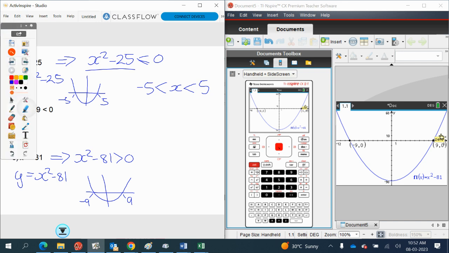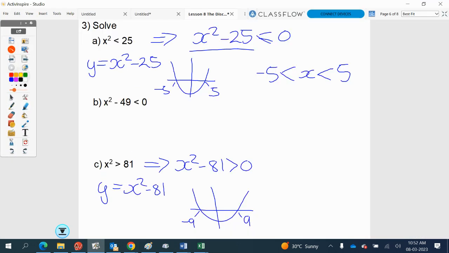We want this part of the graph and this part of the graph. So we need to express this with two inequalities. We can do this as x is less than minus 9 or x is greater than 9.